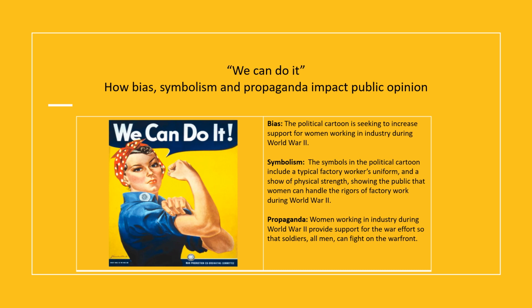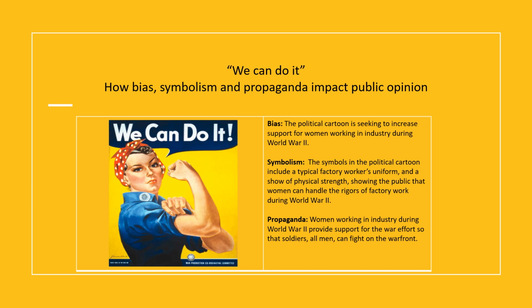And so we see the bias is focusing on support for women working in the factories. We've looked at the different symbols, and then what's the impact on public opinion. Not only does the poster suggest that the United States government wants women to work in the factories, but so should we as citizens.